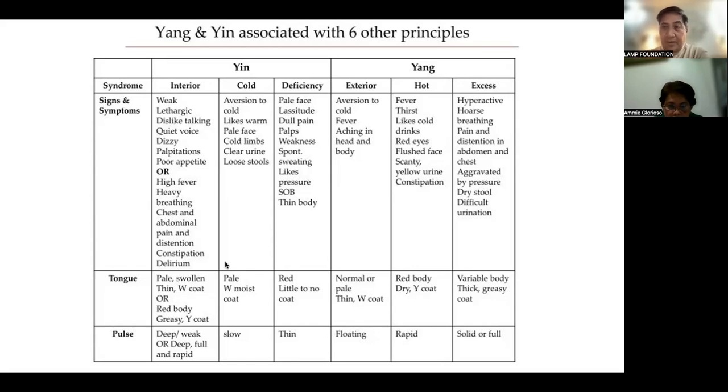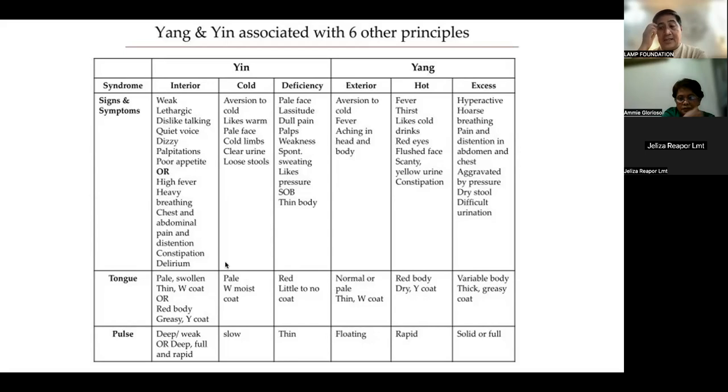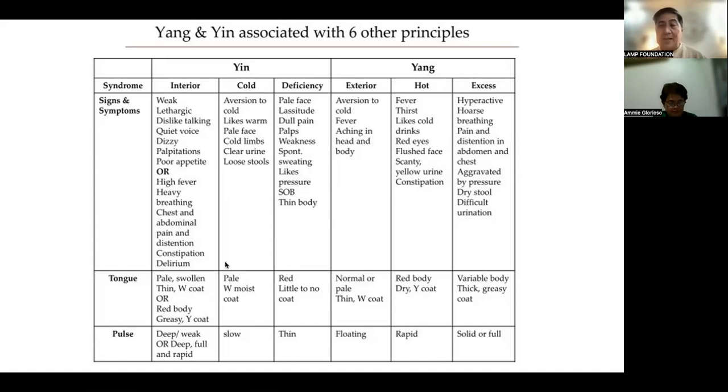Is everybody clear on this? Yes, I gave you a copy. Try to master this, because this is just according to the 8 principles. The time will come when we get to the zangfu organs, or according to the triple burner, triple warmer, and according to pathogenic factors. We are all going to master that.